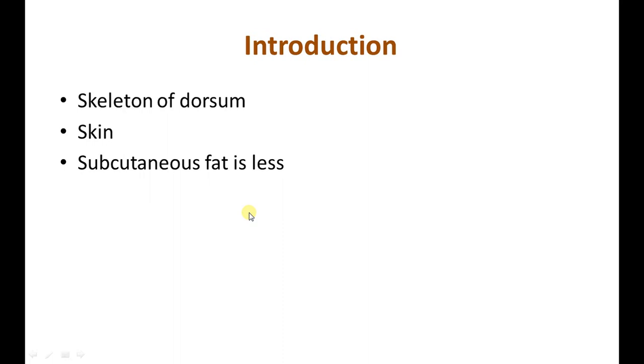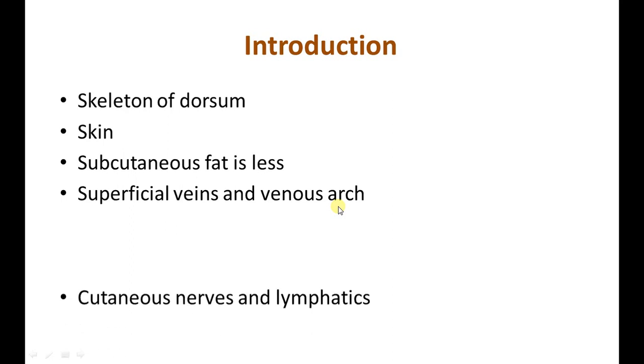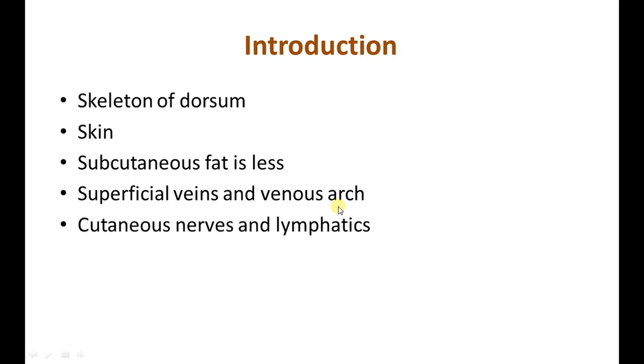The superficial fascia contains a variable amount of fat, but in the dorsum of foot the fat is very minimal compared to other parts of the body. In the superficial fascia you come across superficial veins and the dorsal venous arch, cutaneous nerves, and the lymphatics draining the skin of the dorsum of the foot.